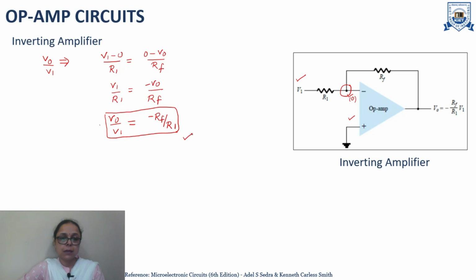Now this amplifier is inverting because the input is being applied at the inverting terminal, and the output we get is out of phase with the input signal, and the factor of gain is RF by R1.